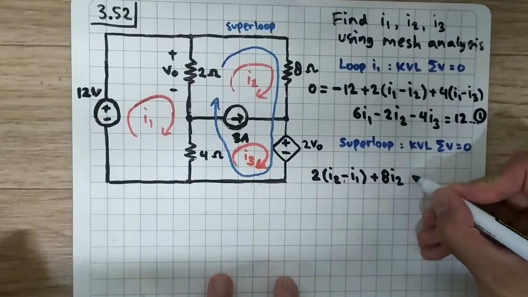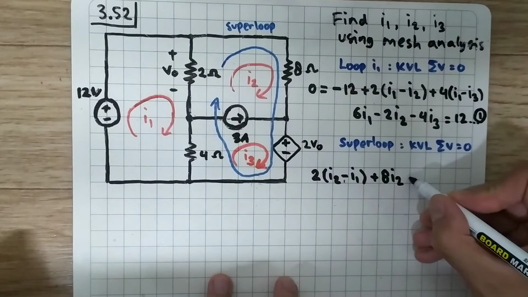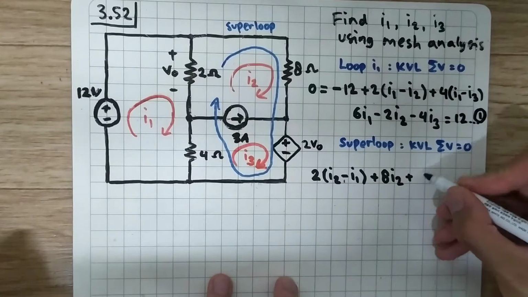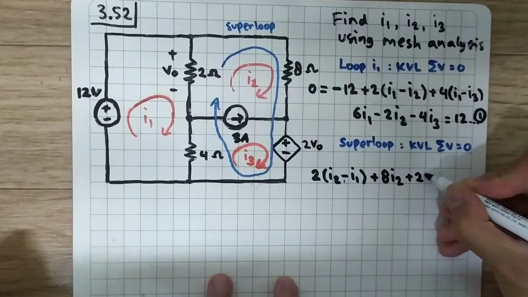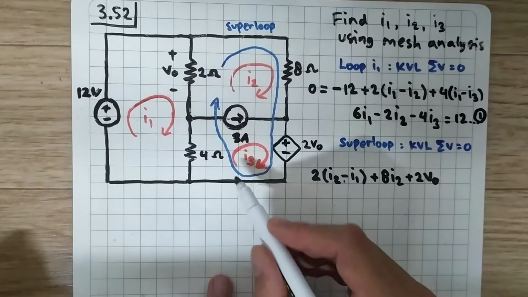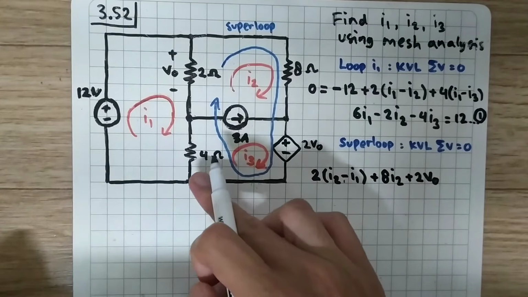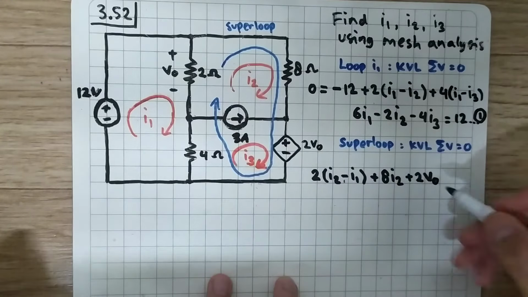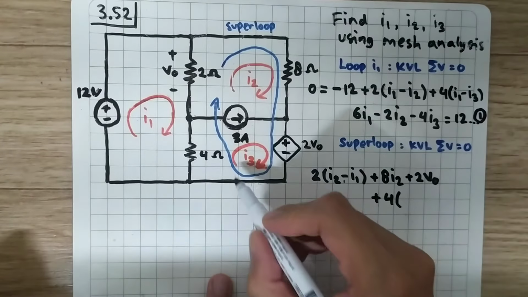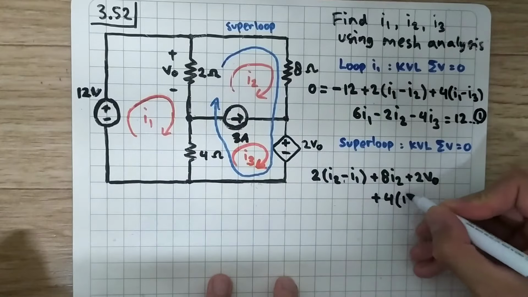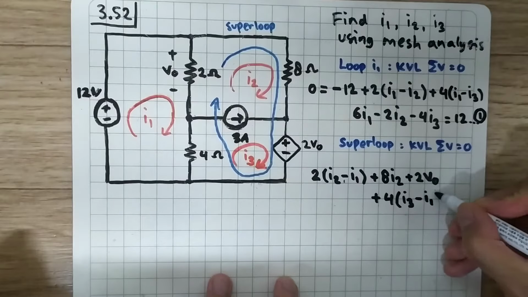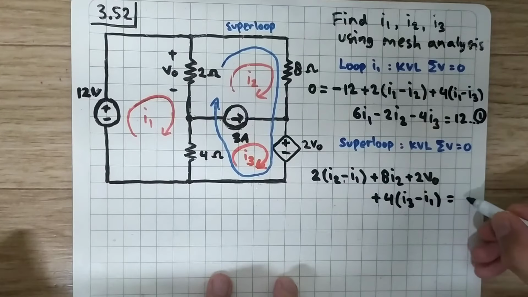It is flowing from positive to negative, so the sign will be positive, and the value of it is 2V0. And now we move on to the 4 ohm resistance, so 4, and here the focus of it is I3, and I1 is flowing in the opposite direction here, and all of this will equal 0.